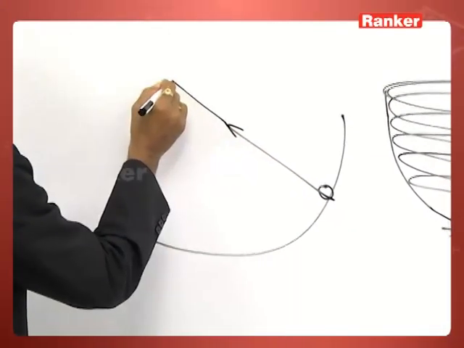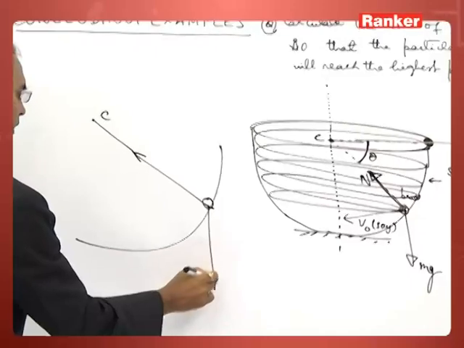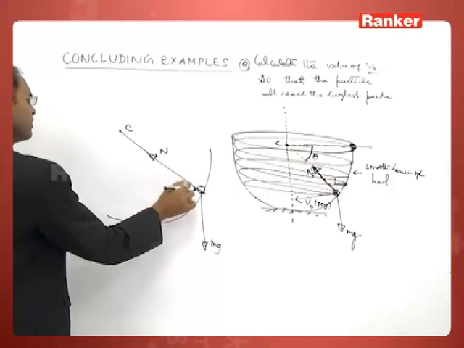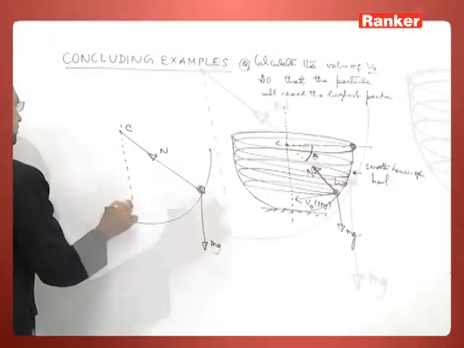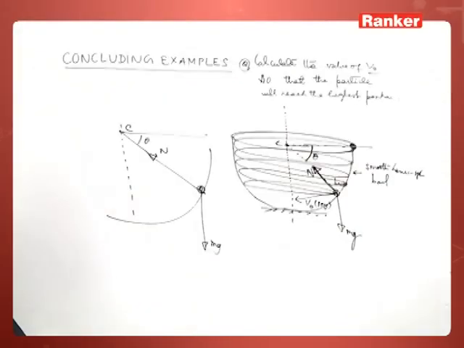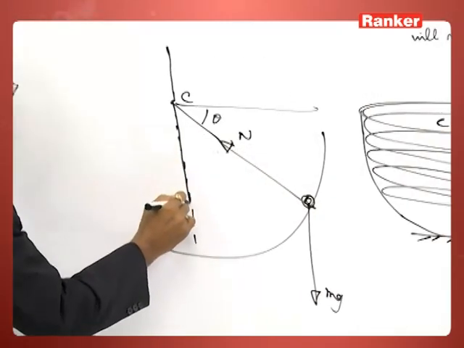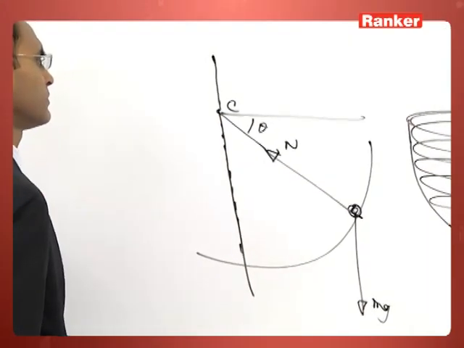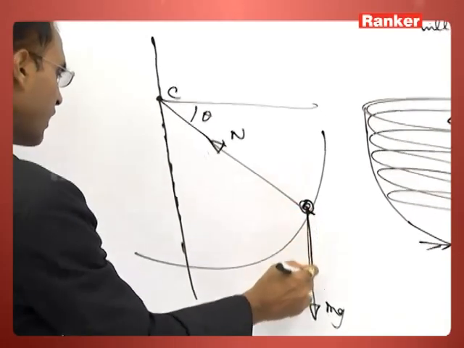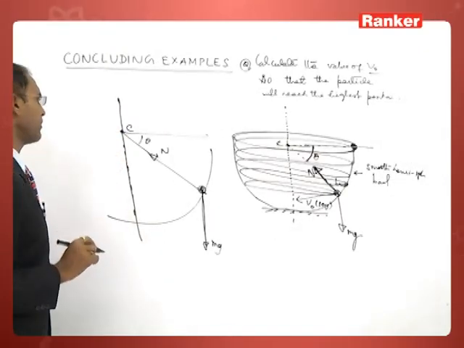The normal reaction passes through the center of curvature of the ball. The normal reaction passes through this point C. Therefore, it cannot produce a torque about the point C, but gravity can produce a torque about this point. Therefore, about this point we cannot conserve the angular momentum.